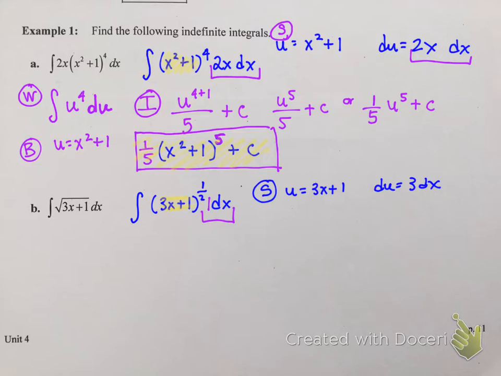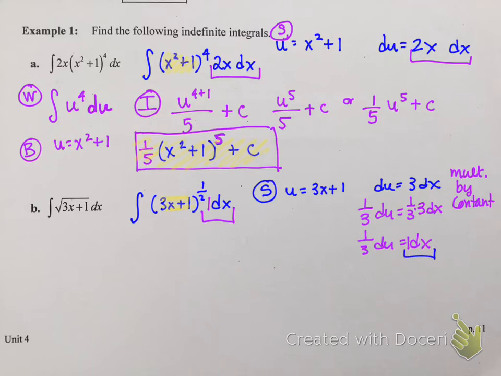But what we can do is multiply by a constant to make it match up. If I want this to look like 1 dx, I have to get rid of the 3, so I take the reciprocal of it. If I multiply both sides by 1/3, that gets rid of the 3. So now I have 1/3 du equals dx, which is 1 dx.